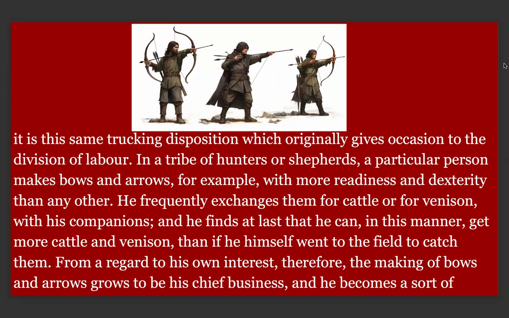He frequently exchanges them for cattle or for venison with his companions, and he finds at last that he can in this manner get more cattle and venison than if he himself went to the field to catch them. From a regard to his own interest, therefore, the making of bows and arrows grows to be his chief business, and he becomes a sort of armorer."